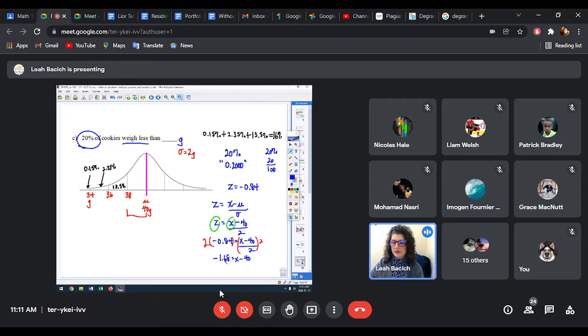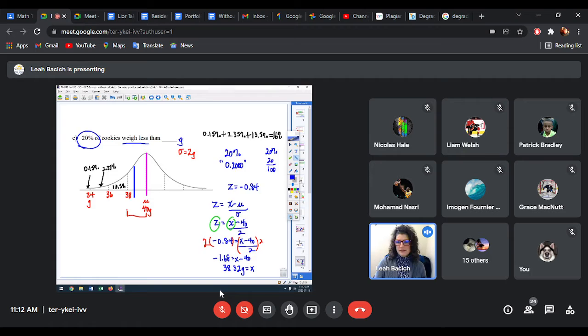If I add 40 to both sides, I actually end up with 38.32, sorry, grams is equal to X. Well, I think I speculated that I would have to be in this bin. I'm pretty sure I did. But in fact, I'm probably going to be closer to the 38 because I'm just slightly into that bin.